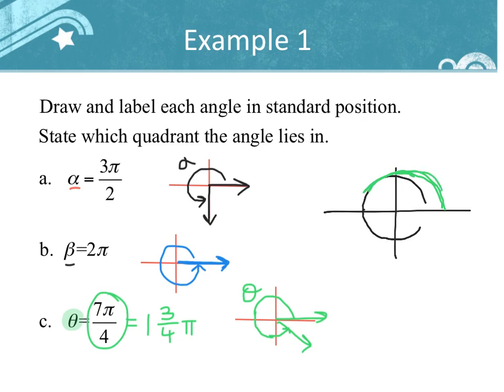If it's in between 0 and half pi, then I know it's in that first quadrant. So you want to convert it into a mixed number and then look at it in terms of the 4 quadrants. Again, this would be 1/2 pi or pi over 2. This would be 1 pi or pi, 3 over 2 pi or 1 1/2 pi, and then this is back to 2 pi.